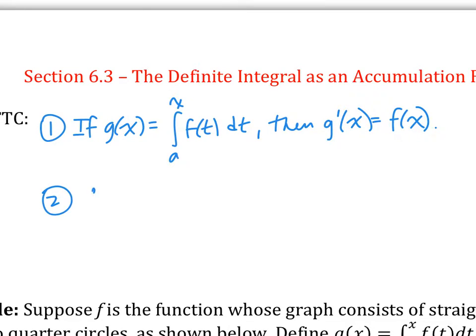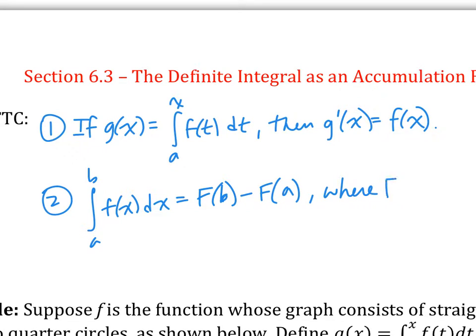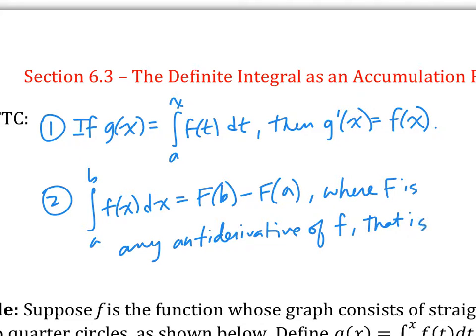Second part: the integral from a to b of f of x dx is equal to big F of b minus big F of a, where big F is any antiderivative of f, that is, big F prime is equal to f.